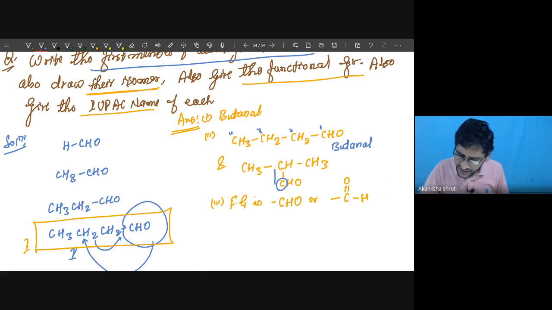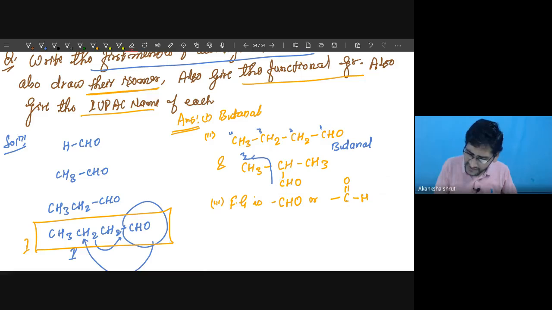Then, reaching the second carbon, I have two ways, either this way or this way. But here both are giving the same length. 1, 2, 3 or 1, 2, 3. So we are free to choose any of them. So let me choose this way itself.